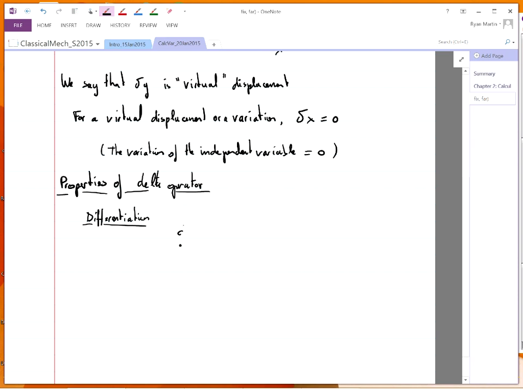So consider d by dx of delta y. Okay. So that's equal to d by dx of delta y, remember, was f bar of x minus f of x.